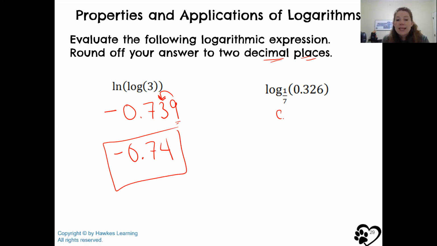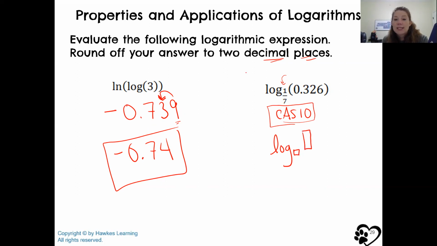Now, those of you with the Casio, it allows you to change the base of the log. If you don't have this calculator or another calculator that allows you to change the base, you'll have to do it a different way. So the Casio has a button that looks like log, and then it has a box down here and right there.